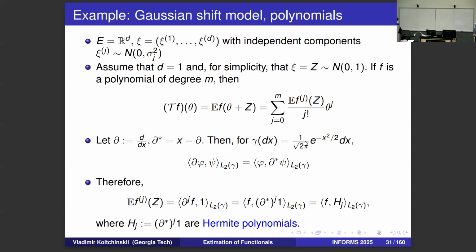And if we now write this expectation that we have here as D^j f times 1, in the space L2 with respect to the Gaussian measure, this expectation will be equal to this. Then we can move D^j as an adjoint to the other side, and we will get some function here that I denoted a_j, and it's easy to figure out that this function a_j will be just a Hermite polynomial.